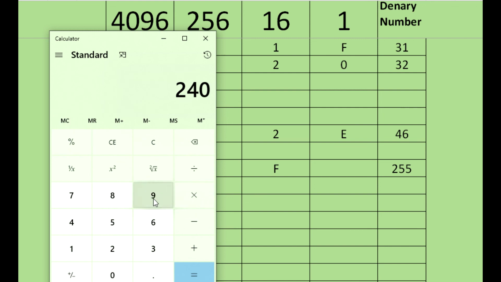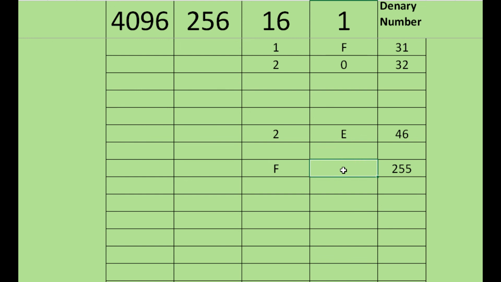Let's pop that into the memory for the time being. So 255, take away the 240 that we've just got, which leaves us with another 15, so we can put F in there. So FF is the hexadecimal number for 255, and that's used in RGB colour codes as well.